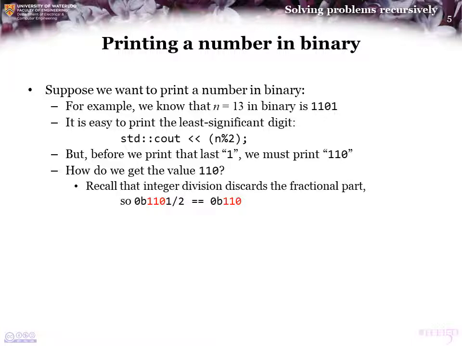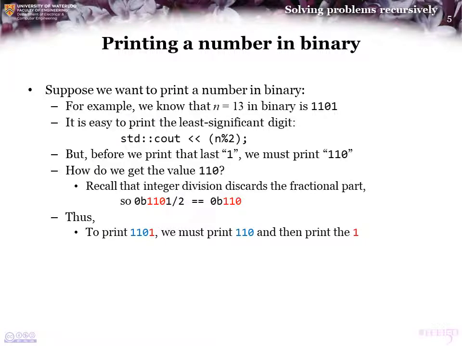And you will see that this is correct. 13 divided by 2 is 6.5, but 6.5 is not an integer, and therefore we discard the fractional component, which is 6, and therefore the result is 110, which is the binary representation of 6.